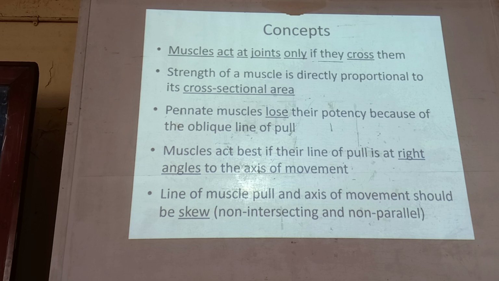Skew lines means lines which are non-intersecting and non-parallel, so they do not lie in one plane. If two lines lie in one plane, they will either be parallel or they will be intersecting. But if two lines are in two different planes, there is a possibility that they are not parallel to each other, yet they are not intersecting each other. So these five concepts must be understood.